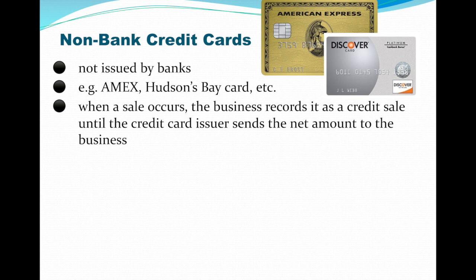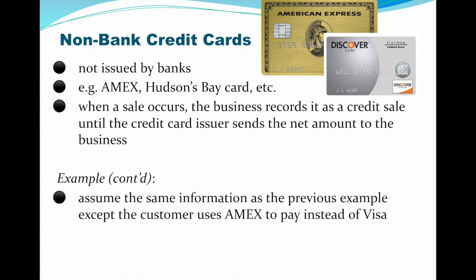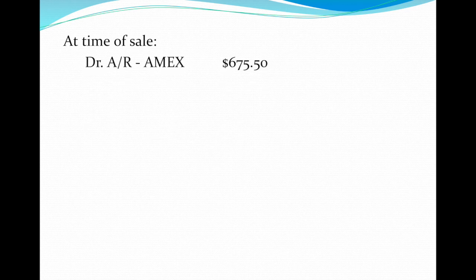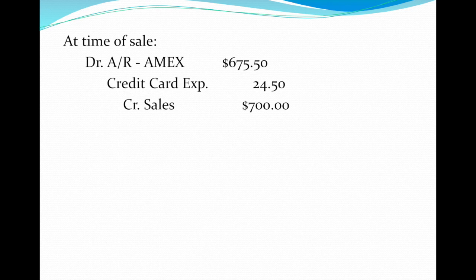Okay, so when a sale occurs, the business records it as a credit sale until the credit card issuer sends the net amount to the business. For example, assume the same information as the previous example, so a sale of $700, except the customer uses Amex to pay instead of Visa. So at the time of sale, and again, we're recording this from the point of view of the company selling the television, we debit our accounts receivable instead of cash because we're not getting it instantly.